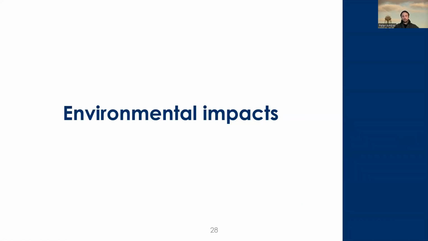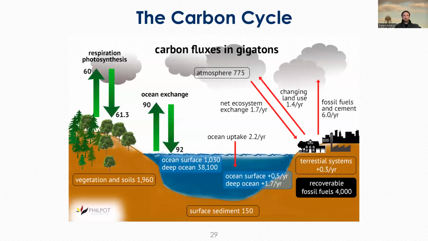Okay, last thing that we'll talk about is environmental impacts. So the big one is carbon. Thinking about impacts on climate change, the carbon cycle refers to the exchange of carbon throughout our ecosystem.